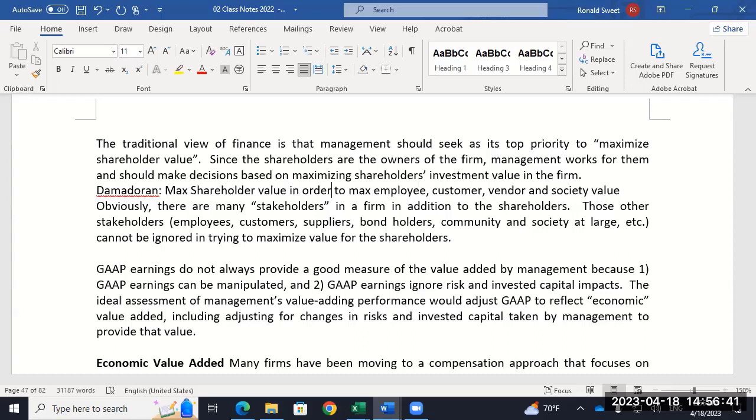So you go through each one of these. Vendors: hey, you know what? Overpay your vendors, pay them twice as much. Society: don't use any electricity, don't do any polluting whatsoever. Well, then you don't have a business. You can't run. So what Damodaran says is maximizing shareholder value actually maximizes all these others, because if you don't make your employees happy, they're all going to quit. So you think about Costco.